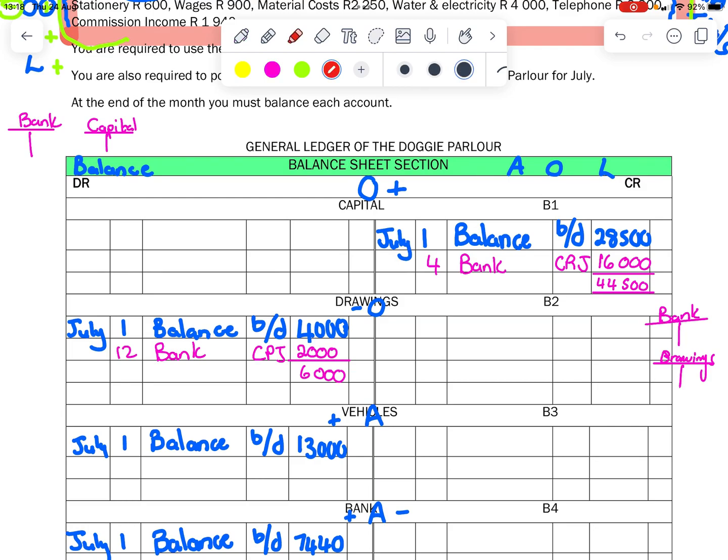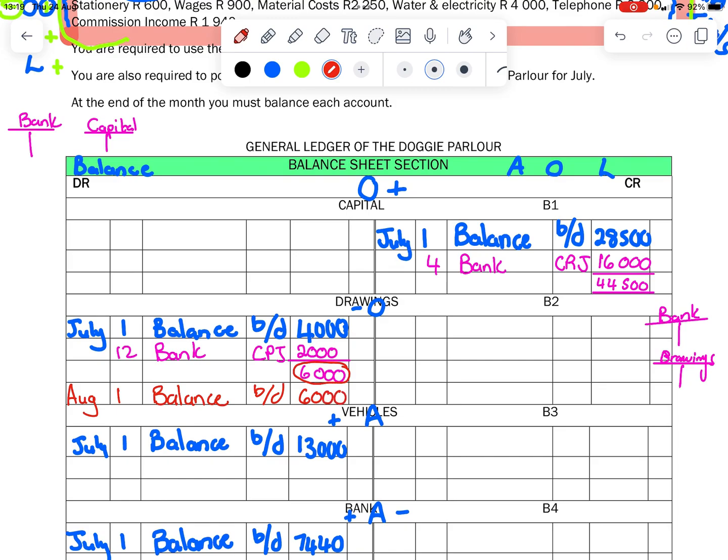But you'll see that there's an extra row that has been given. Now, if that same extra row was given in the capital account, what you would then need to do is, for the following month, after July comes August, and on the 1st of August, our balance that we have brought down from the previous month is now 6,000 Rand.